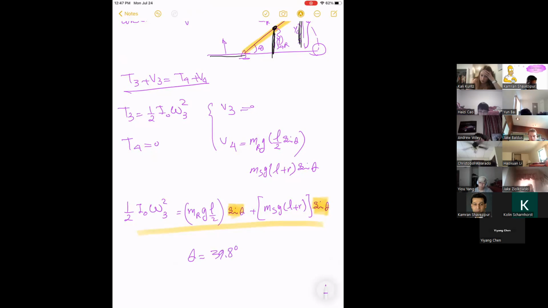I have to go that way. 39.8, sine theta should be like 0.64 or something like that. Right? Any question?